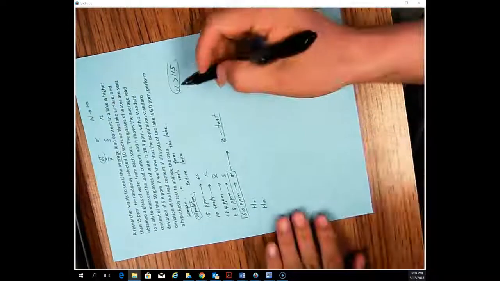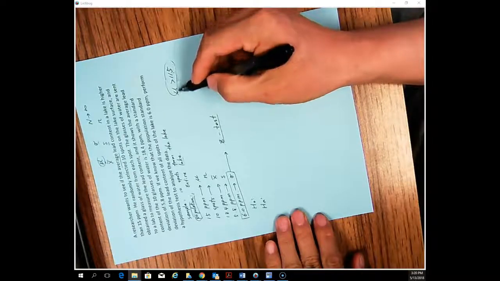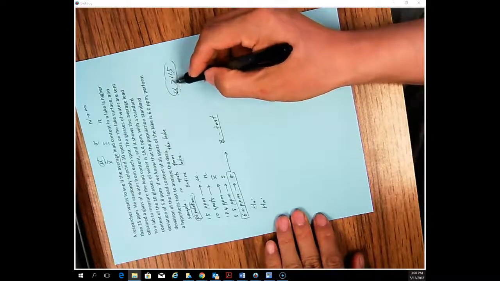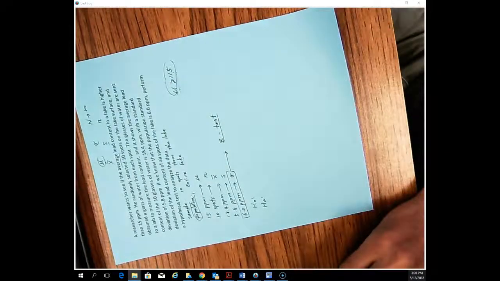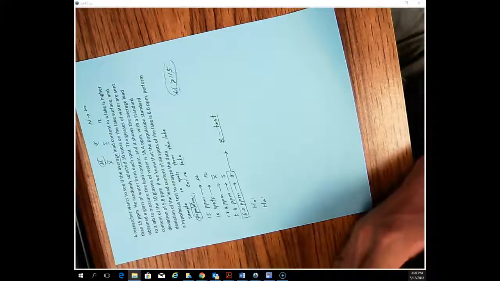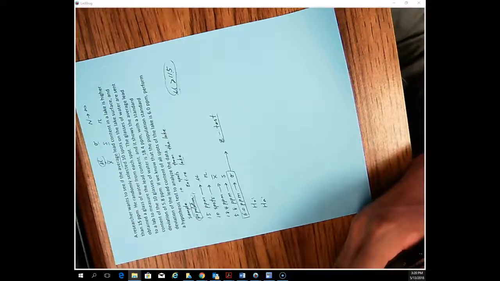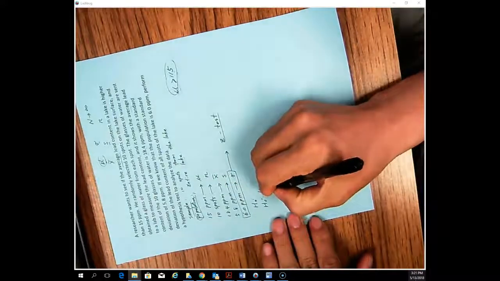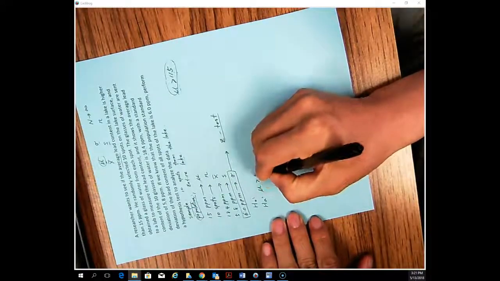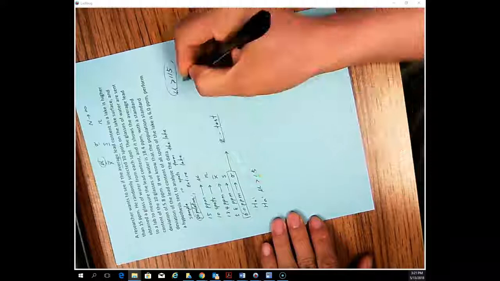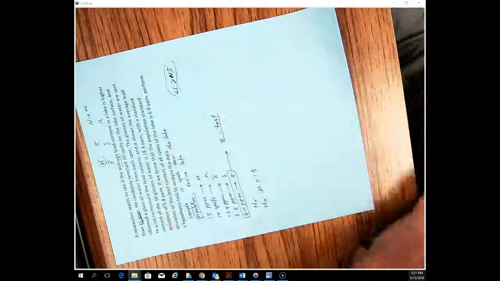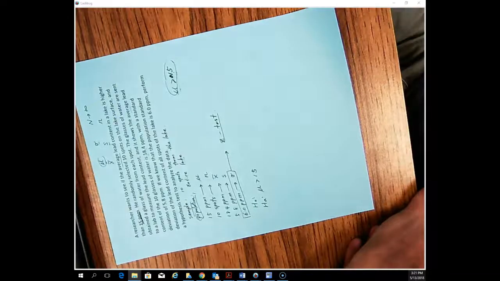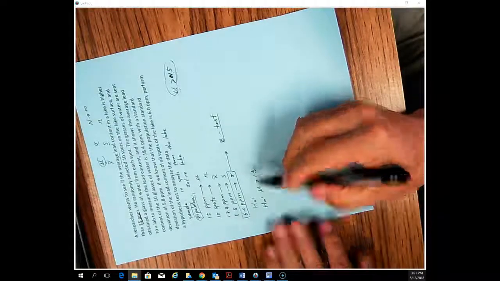Okay? Since this claim is stating something being different, because this is a greater than sign, right? This will be our alternative hypothesis, because the alternative hypothesis states something being different. The null hypothesis states something being the same. So here is the alternative hypothesis, mu greater than 15 ppm.